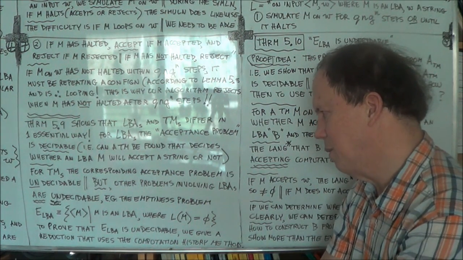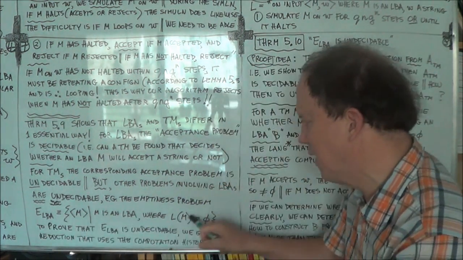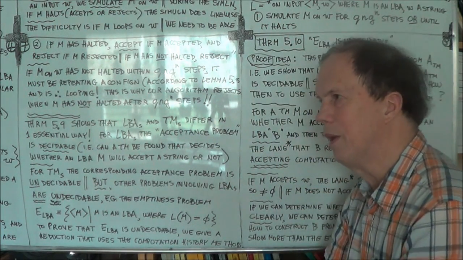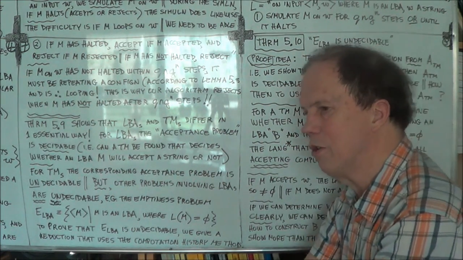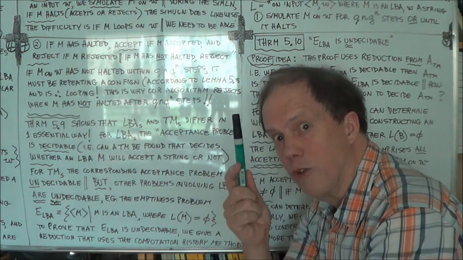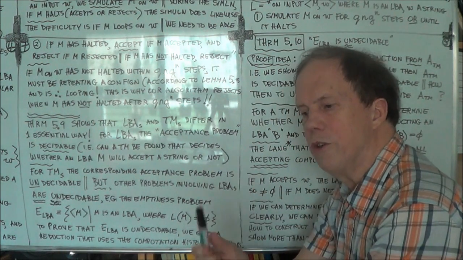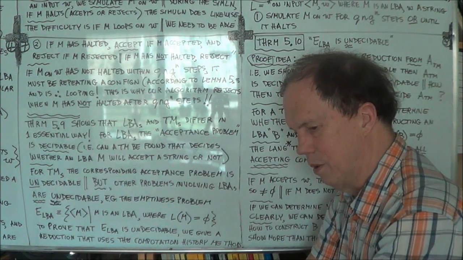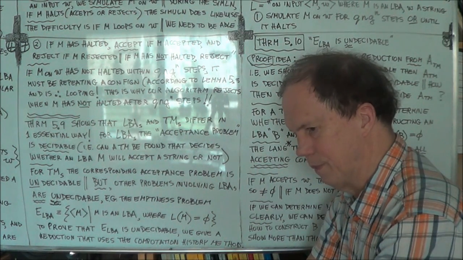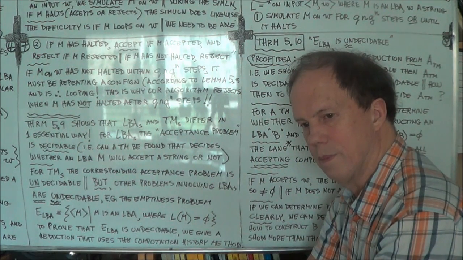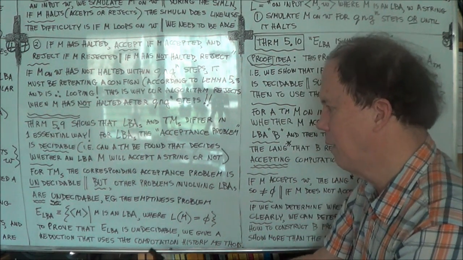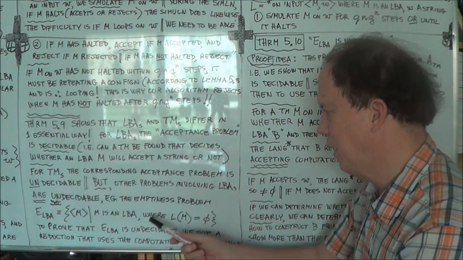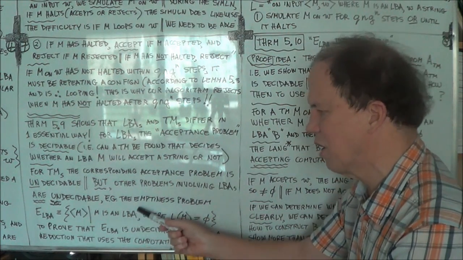So if you translate this language into a computational problem, what would it be? Can you find an ordinary Turing machine that will detect whether a given LBA rejects all strings?